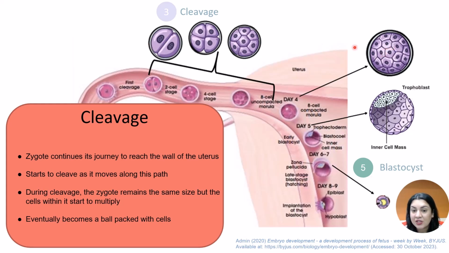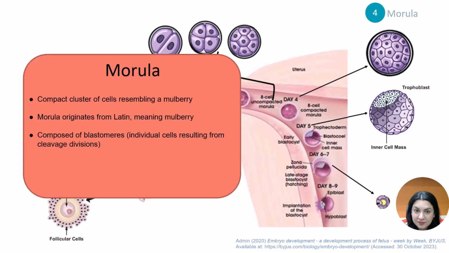And because it's starting to look a lot more different, we rename what it looks like now. So then at this stage, you have a compact cluster of cells that resembles what kind of looks like a mulberry. So mulberry is basically, the Latin word for mulberry is basically a morula. And basically that's what this little ball of cells looks like.